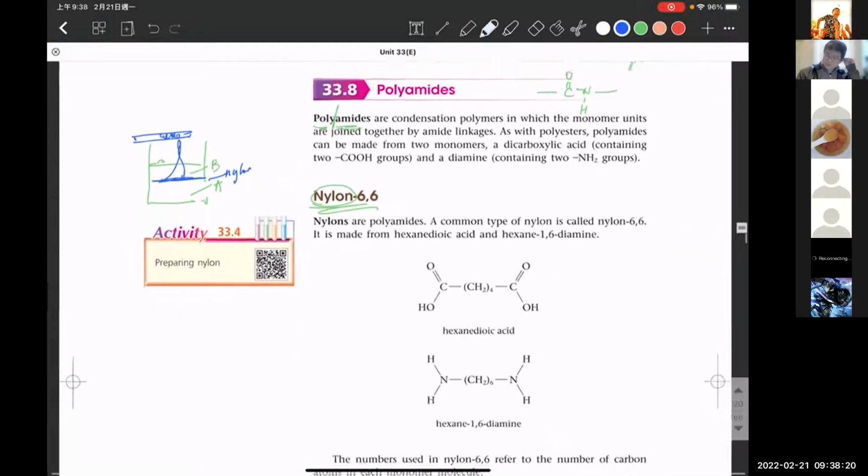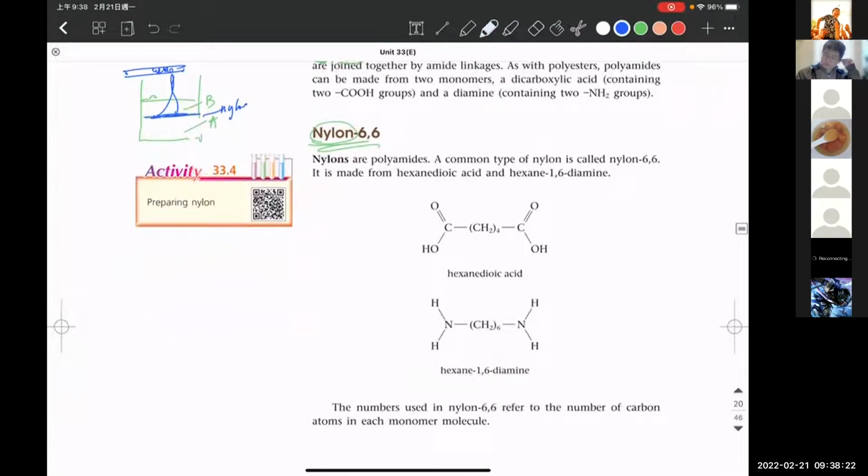Now, remember, for making the chemicals, we will also use what? This is also possible: hexanedioyl chloride. So which one is more reactive?